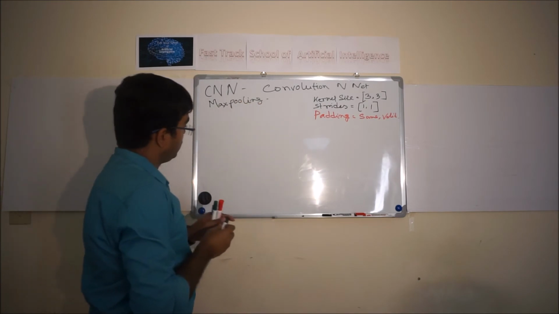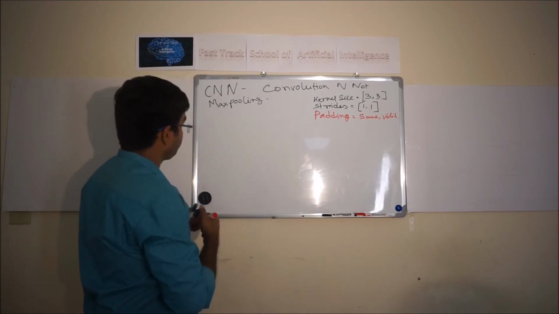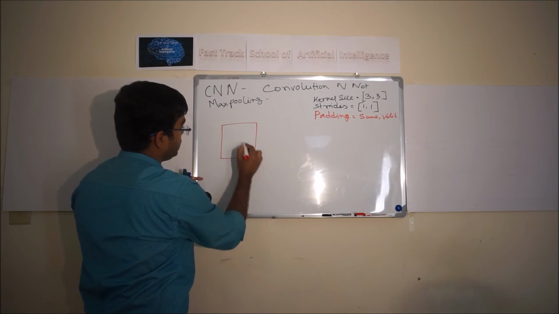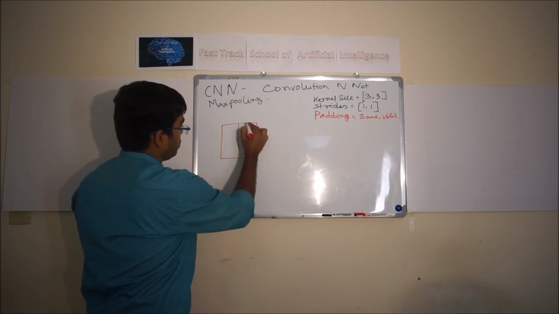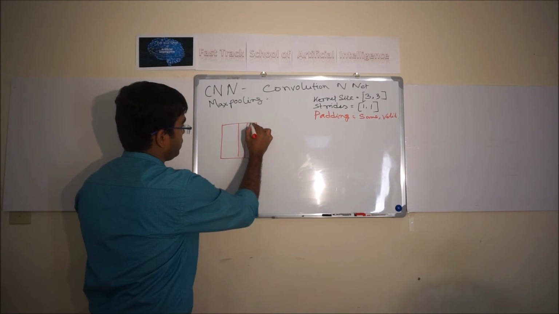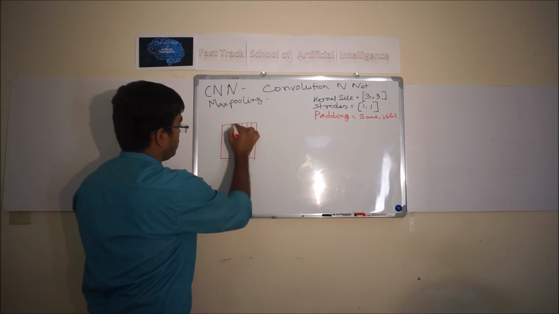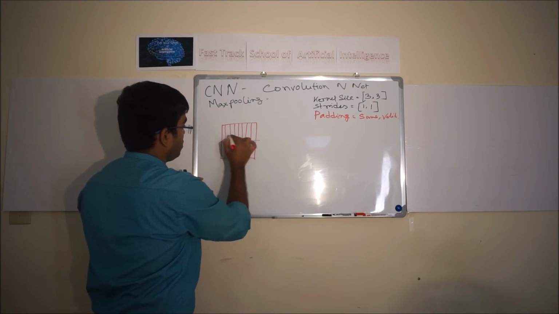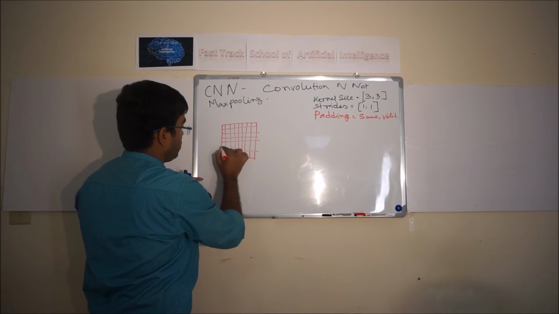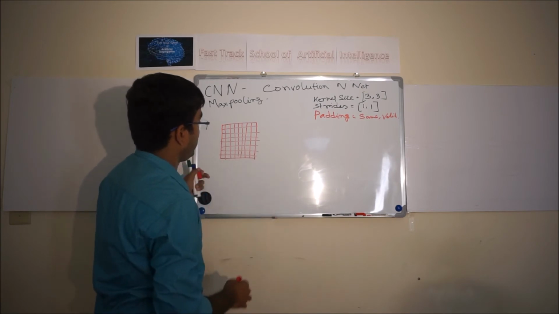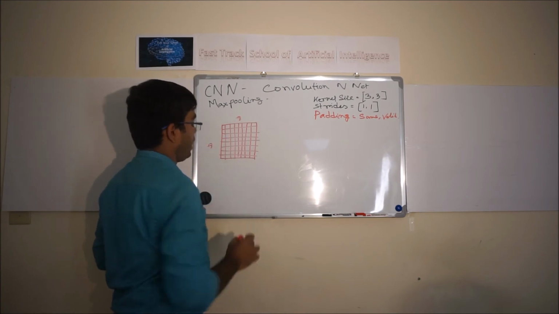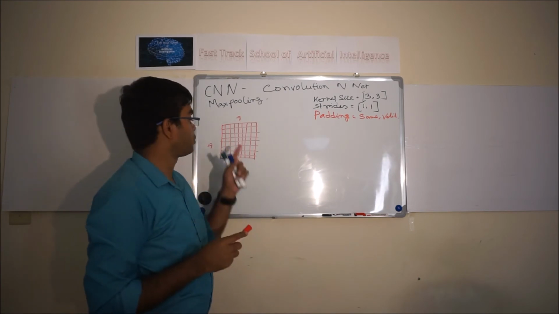Okay, so what happens here, I'm reducing the pixel size to, let's make it 8 for simplicity. Alright, this is an 8 by 8 pixel image. I'm going to apply a MaxPool operation on top of it.